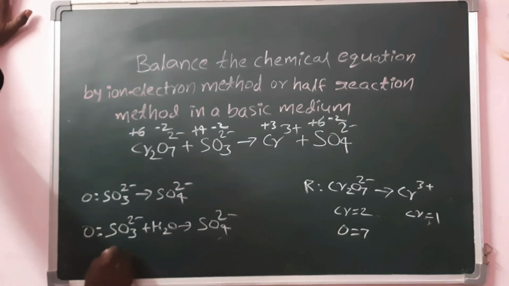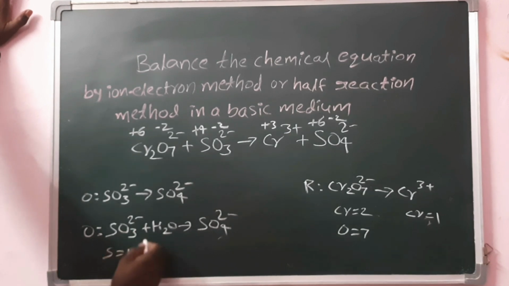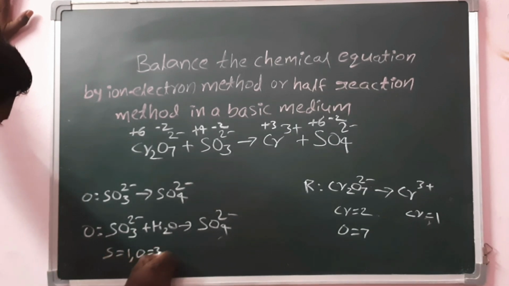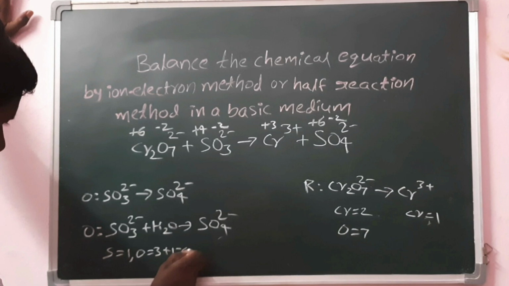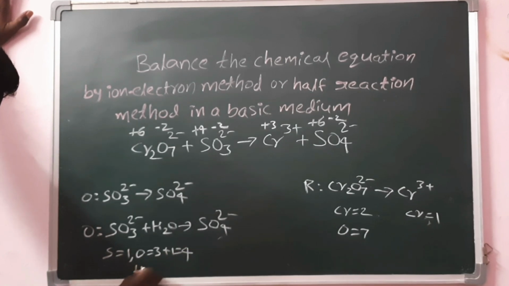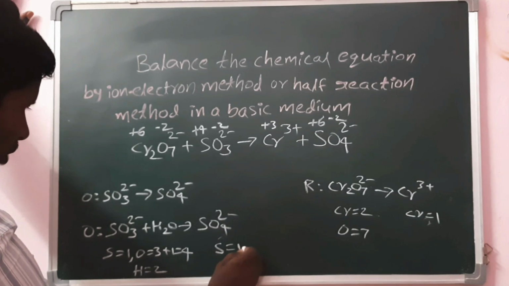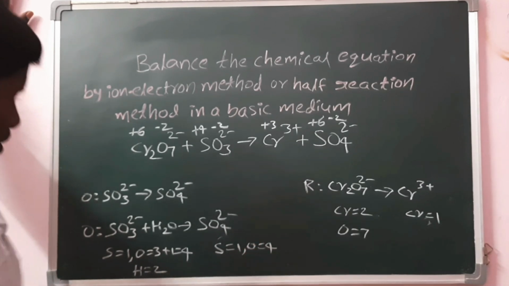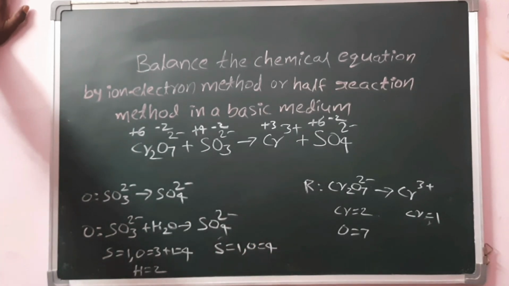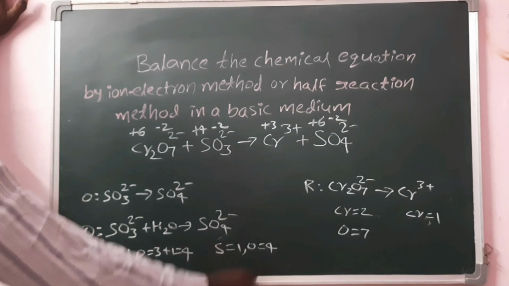See now, left hand side there is one sulfur atom, oxygen atoms 3 plus 1, 4, hydrogen atoms 2. Right hand side sulfur atoms 1, oxygen atoms 4, there are no hydrogen atoms. So oxygen atoms are balanced.